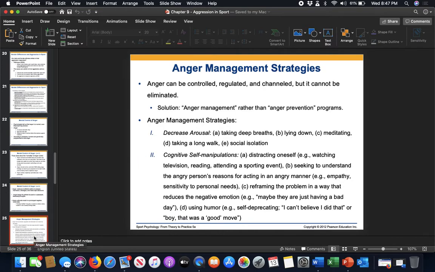All right, so what do we have to do? Well, there are anger management strategies that we can work with. Decrease the amount of arousal. Find ways that you can do that, and there are 5 different examples there. What you can do is cognitive self manipulation. What they say here is distract yourself. That's one good way, just taking yourself out of it.